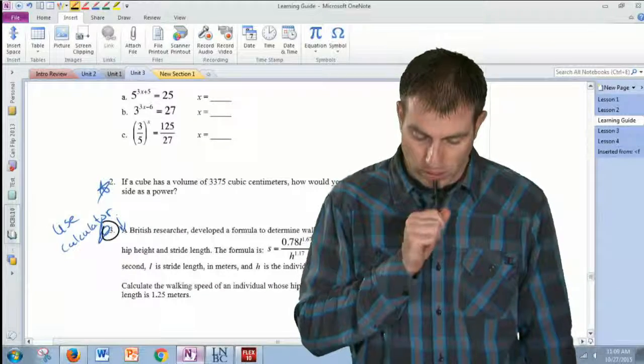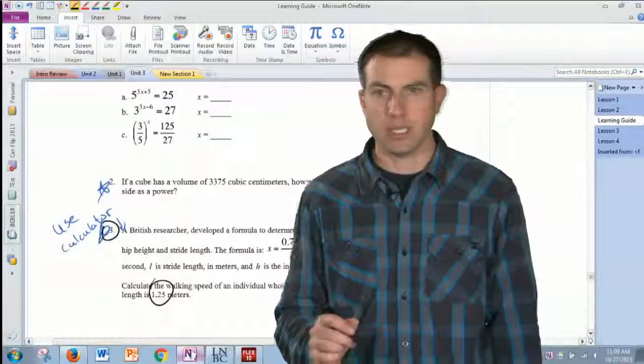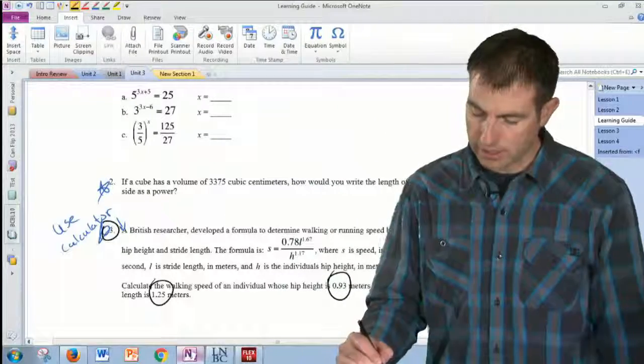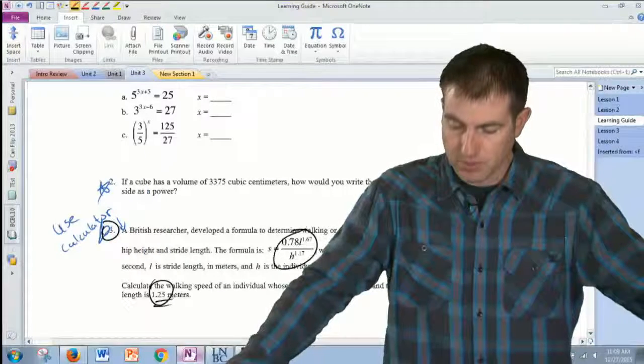This type of question, they've given you numbers with decimals in them. And if you see a question with decimals like this, the 0.93 and the 1.25, and then even in the actual formula that they're using, yeah, they're definitely looking for an answer with a decimal.